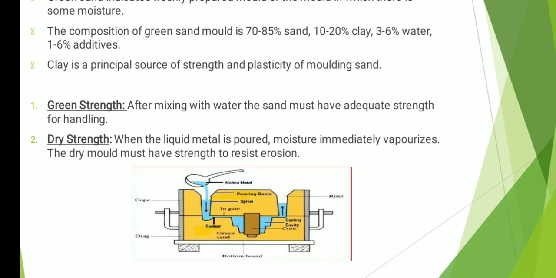It should withstand the erosion. This is called the dry strength, because when you pour molten metal all the moisture immediately vaporizes, and the sand has a tendency to fall and erode. But the dry strength is what holds it back and resists erosion. So this is called dry strength.